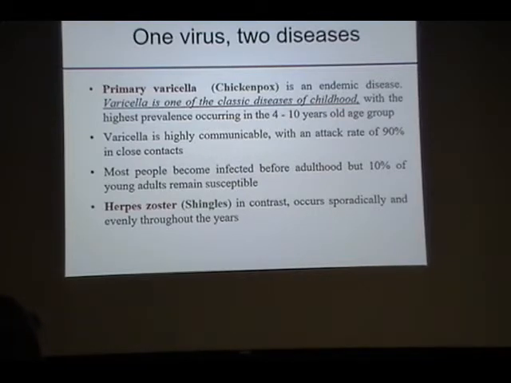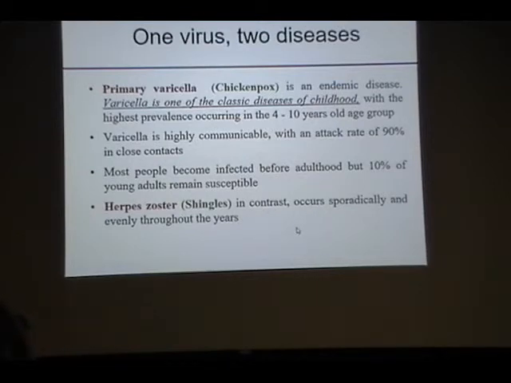However, when you become old, when you enter middle age, for example 40, 50 years old, when your immune system starts going down, the virus can come back again and strike you again. So basically, the little virus reactivates and causes infection, and that is called shingles, or herpes zoster.